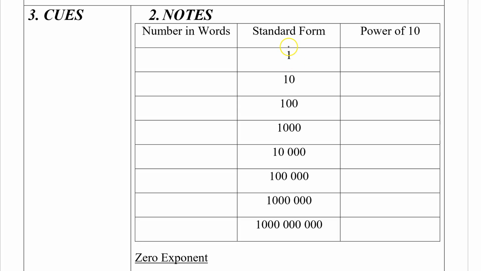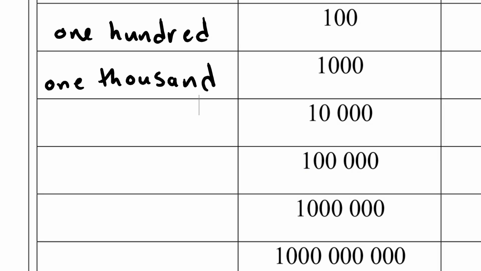So this number in words is going to be 1. This right here is going to be 10. I know, earth-shattering. This one is 100. This one right here is going to be 1,000. The next one is going to be 10,000.